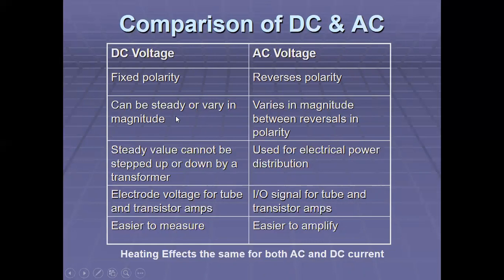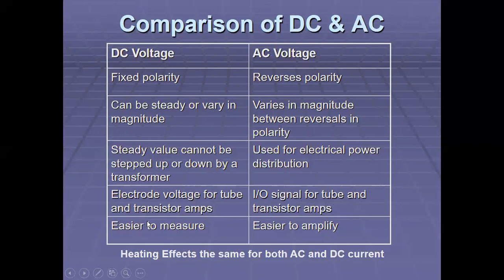DC can be steady, with fixed magnitude, but AC varies in magnitude between reversals of polarity or direction. A steady value cannot be stepped up or down by a transformer, but AC can, and it is used for electrical power distribution in households or offices. DC is used for electrode voltage for tubes and transistors, and AC is used for input and output signals for tubes, transistors, and amplifiers. DC is easier to measure but very difficult or impossible to amplify.